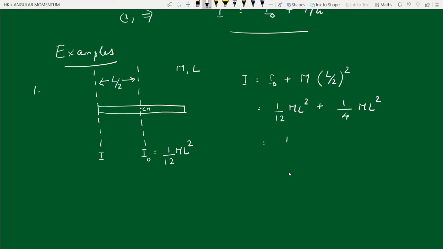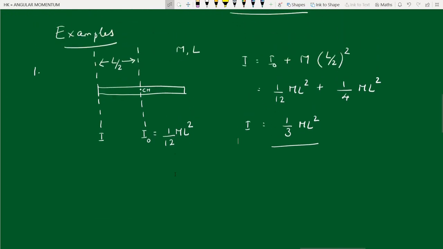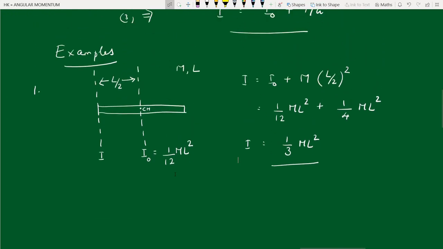If you take the LCM, what you get is 1 by 3 ml square. And remember that this quantity we calculated separately in the previous class, the moment of inertia of a rod about an axis passing through one end, by directly integrating. It was 1 by 3 ml square. But if you use the parallel axis theorem, this can be easily calculated.